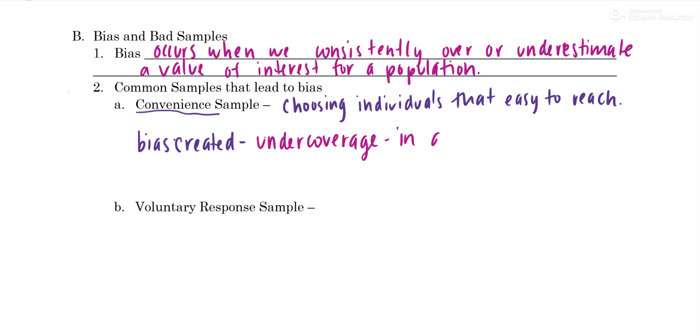So in a convenience sample, some of the population that needs to be represented is left out.